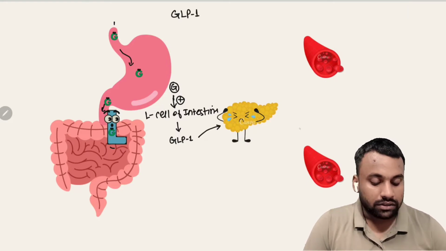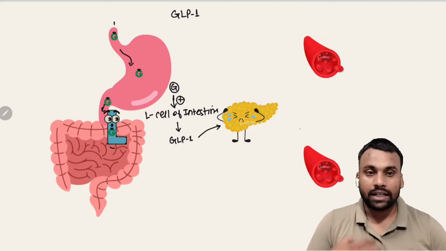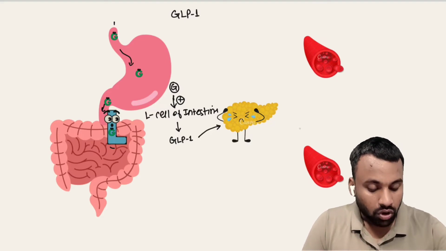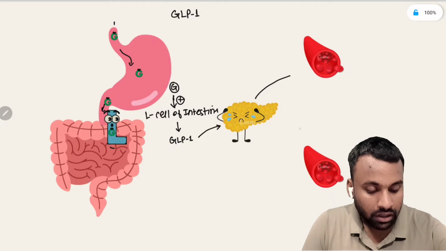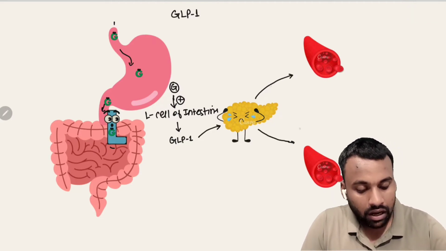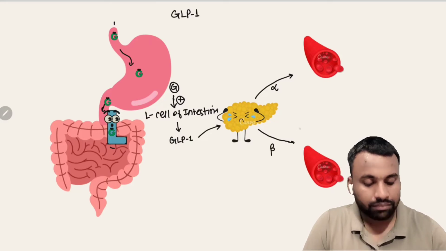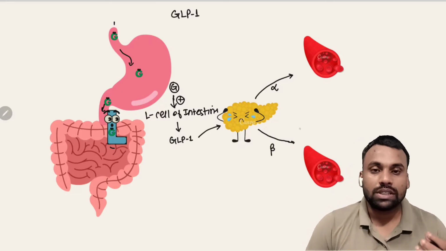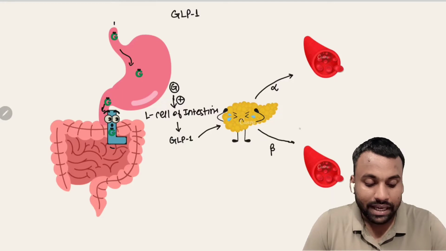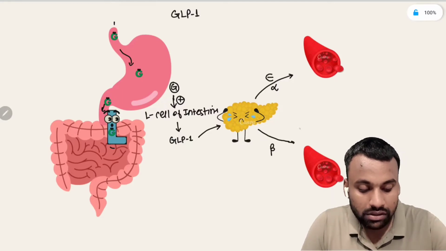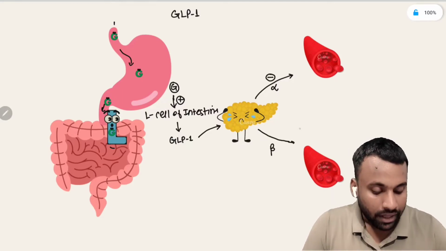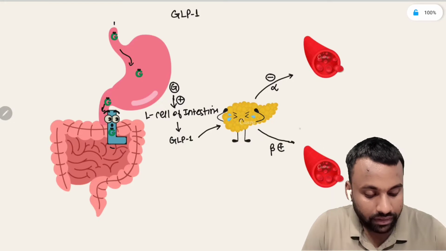This glucagon like peptide 1 normally activates the pancreas. The pancreas has two types of cells, alpha and beta. So what can the GLP do? This GLP can inhibit the alpha cell and activate the beta cell.